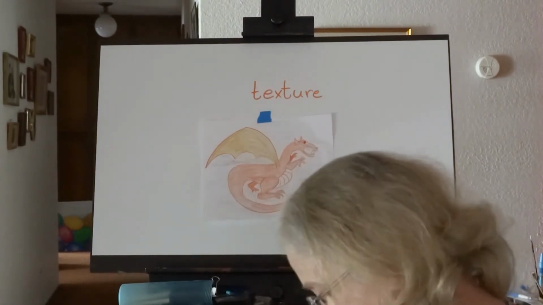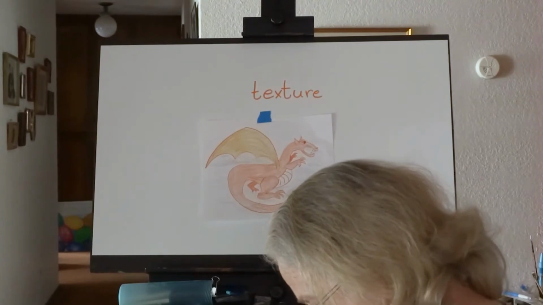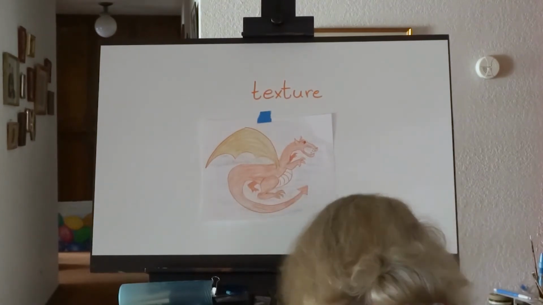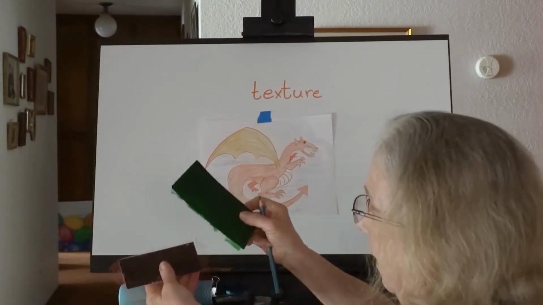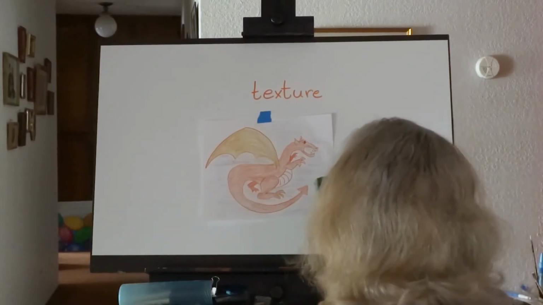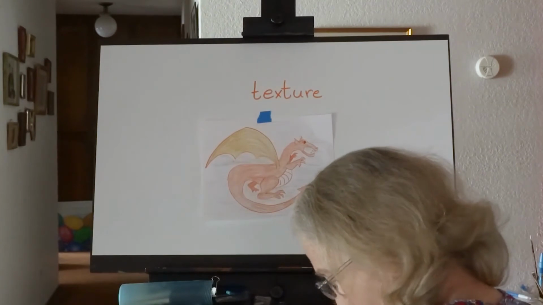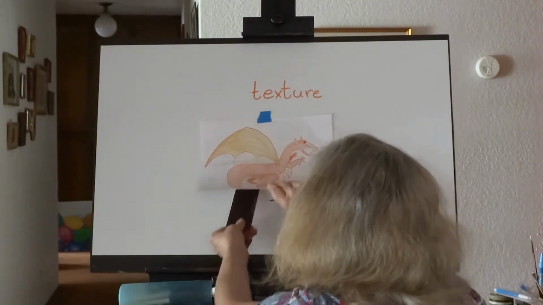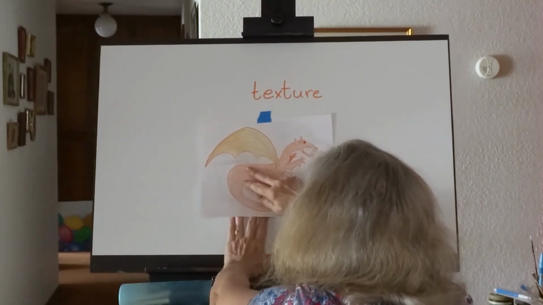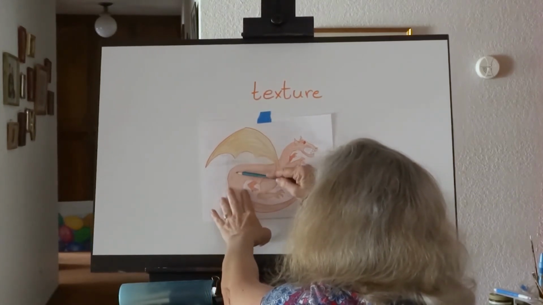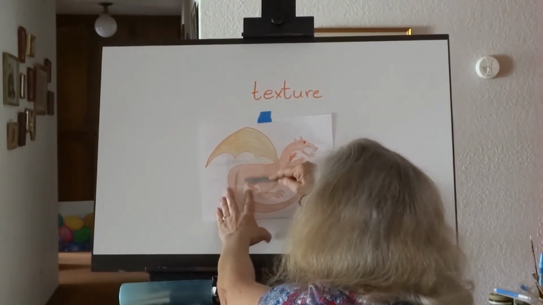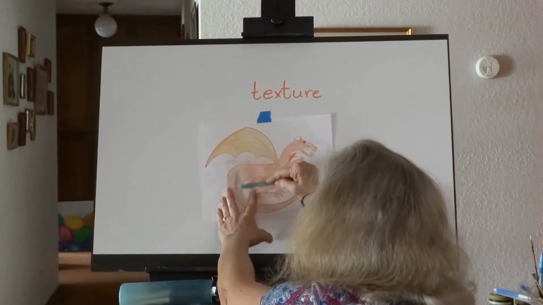So this is colored in, but now I want to add some texture to it. And I do like this nylon bag. I'm going to put that underneath my paper. And I'm going to use a colored pencil. And I'm holding it in place because I don't want my texture block to move while I'm using it.